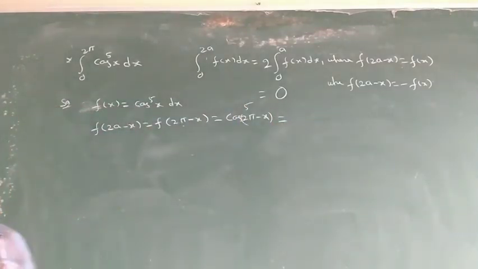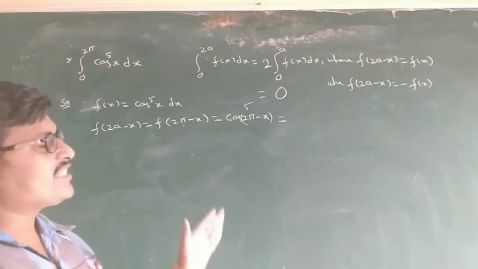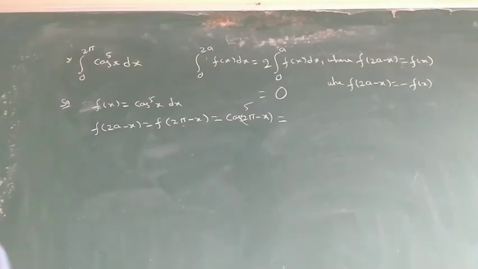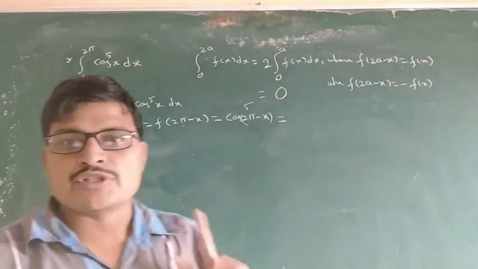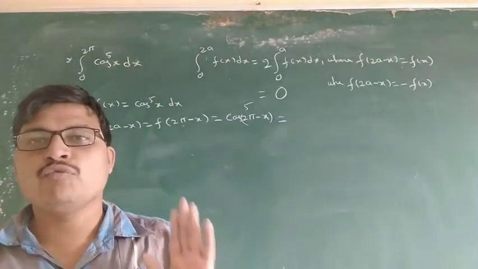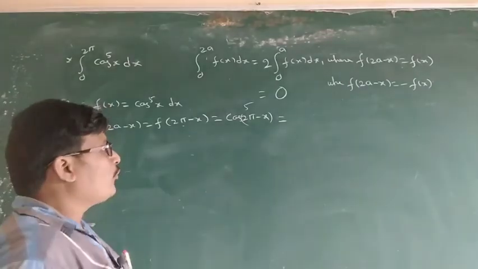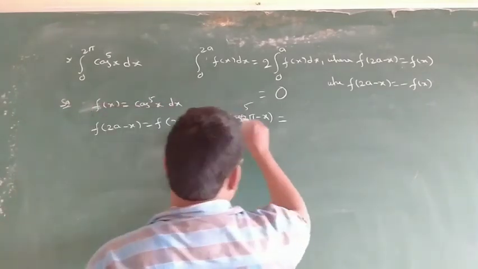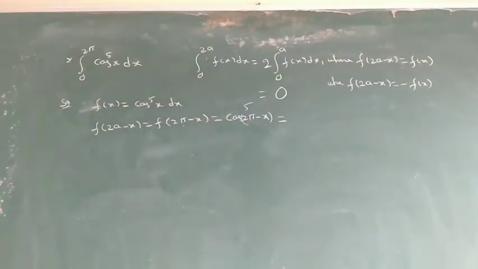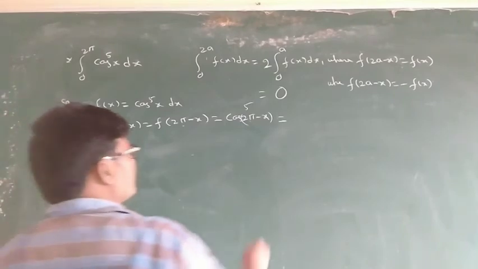2 pi is equal to 360. 360 minus theta is the fourth quadrant; 360 plus theta is the first quadrant. In the fourth quadrant, all silver teacups: C for cos, cos is positive. With 2 pi, cos stays the same, it doesn't change.